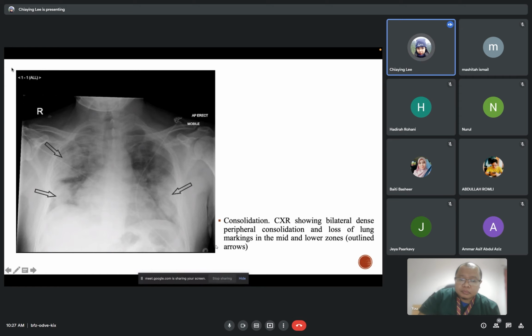And this one, I just want to point out the consolidation bilaterally. In this chest X-ray, the lung markings are already lost, especially over the mid and lower zone. So just for you guys to be aware, sometimes with COVID X-rays, you see this kind of X-ray, and what you notice is the patient is still not intubated.